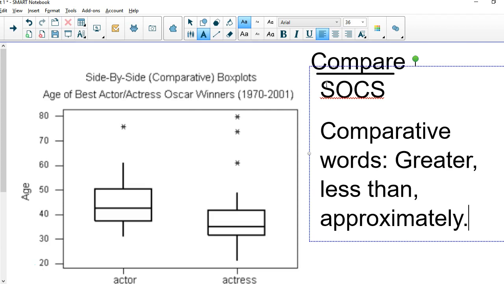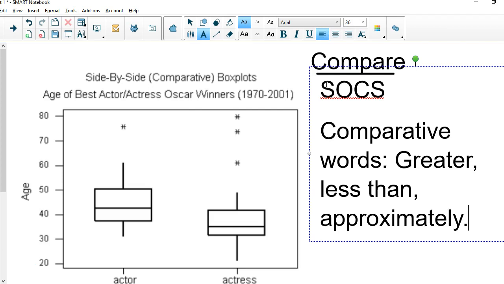So I talked about the shape of the actors. It appears symmetric without the outlier. The actresses appear symmetric without the outliers as well. There is one outlier in the actors, which is less than the three outliers of the actresses. However, they are all above the age of 60. Next, I need to talk about the center.